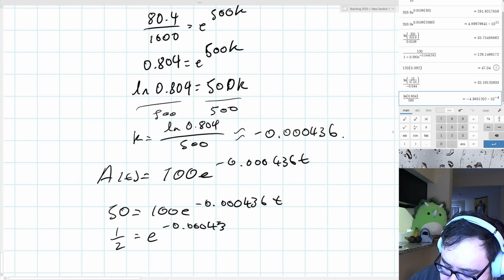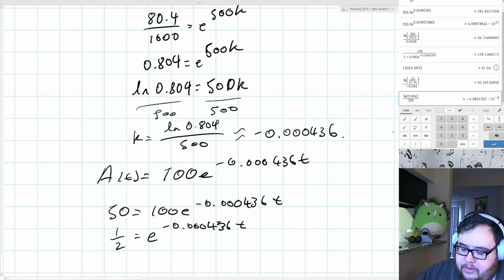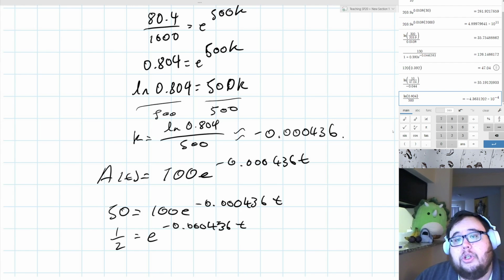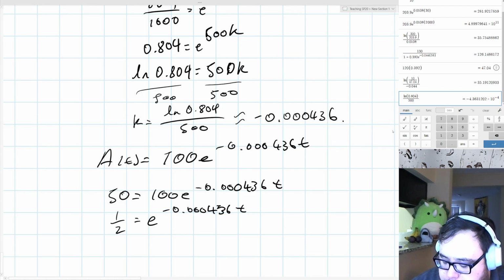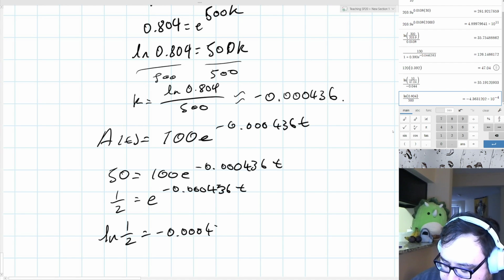And then, just like we did before, every single time, once we've isolated our exponential expression, we're going to apply a natural logarithm to both sides. So ln of 1/2 is equal to -0.000436t.